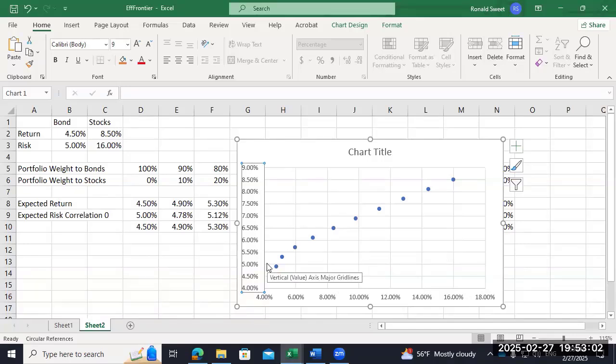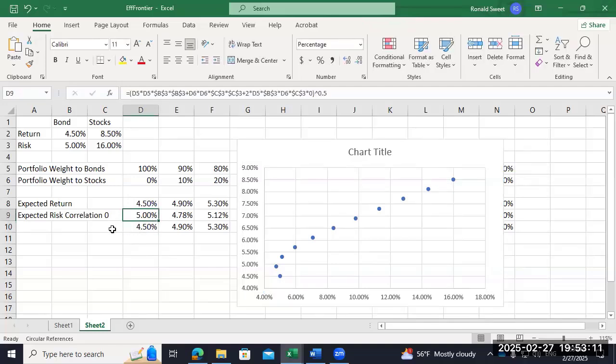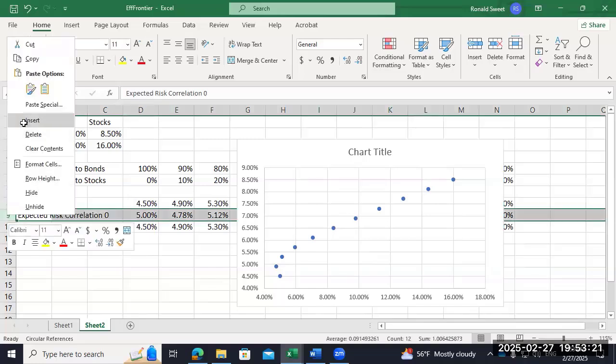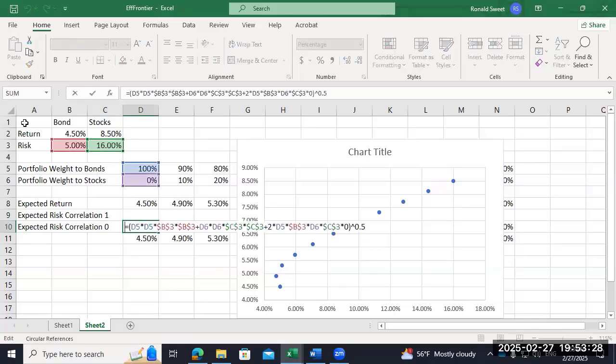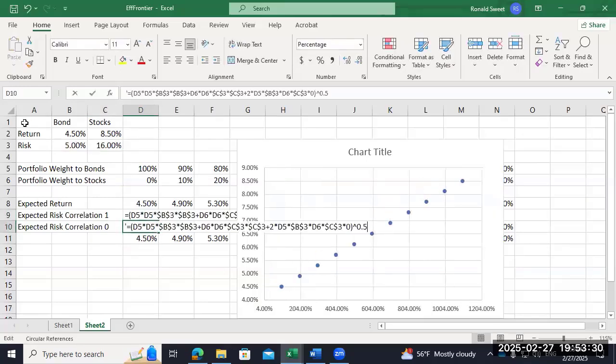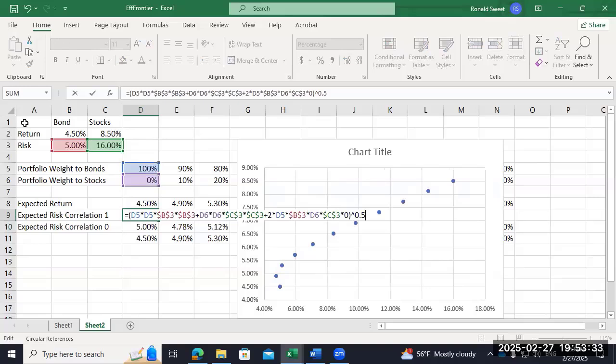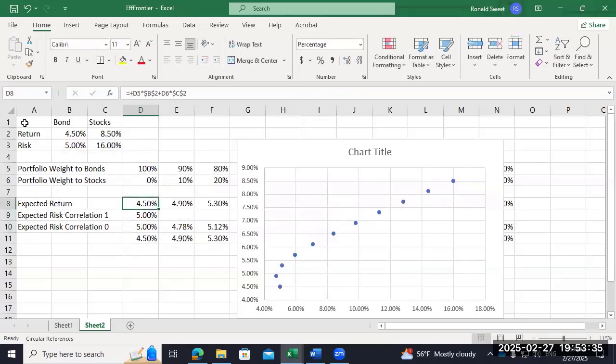If the correlation was 1, as we talked about last class, then it's just a straight line from here to here. Let me see if I can do that for you. It's a little tough to get this to fit in there. So correlation is 1. We can use the exact same formula we did before, except we use a correlation of 1 at the end.